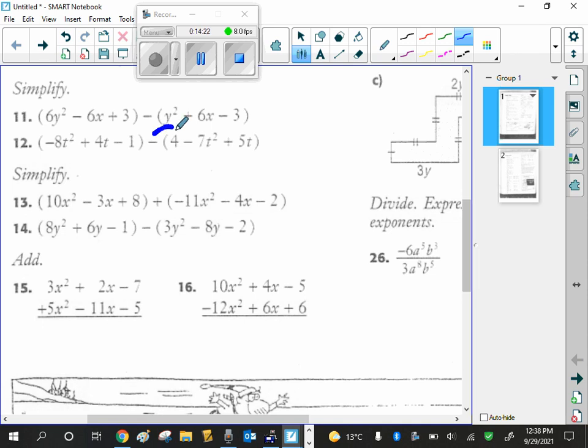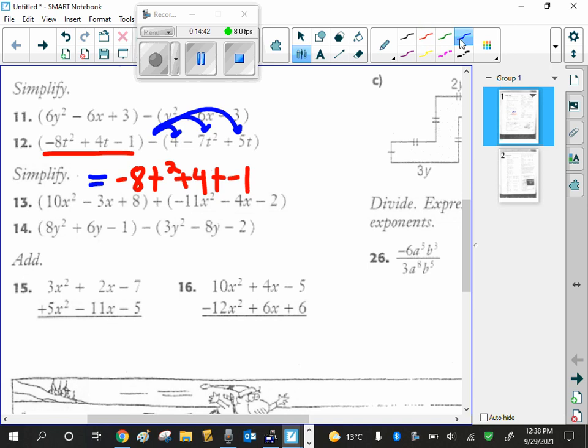First step should be this. You distribute that subtraction sign into each term of that second trinomial. You rewrite the first three just exactly as you see them. Okay, just bring them down. -8t squared plus 4t, subtract 1.